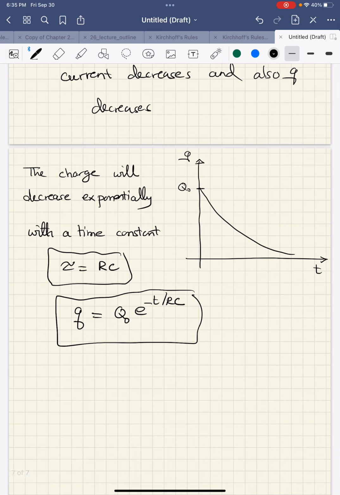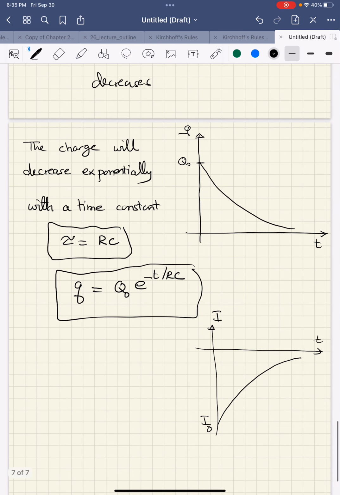On the other hand, the current is going to start from a value I0, and then it's going to decrease. The current decreases exponentially as the capacitor discharges. The current here is negative because it is in the direction opposite to the one in the previous diagram.